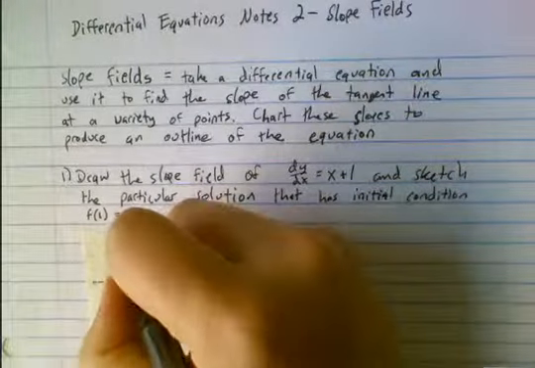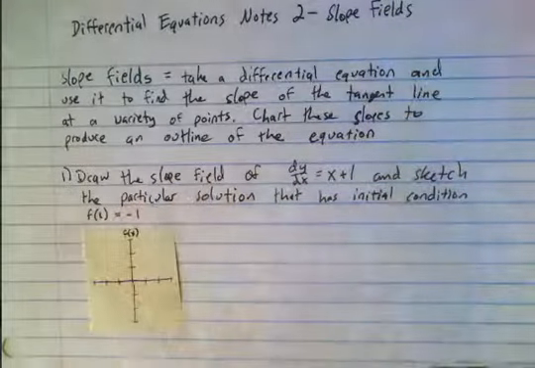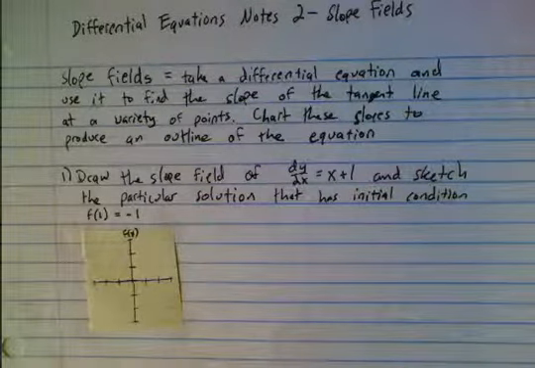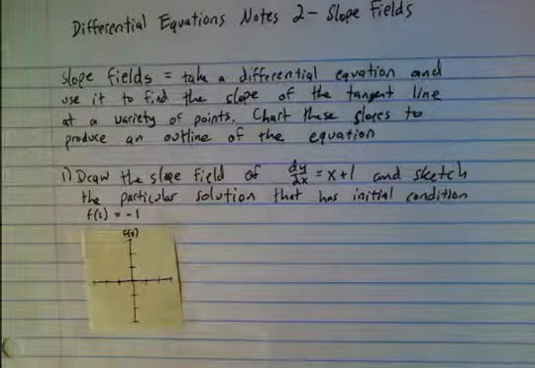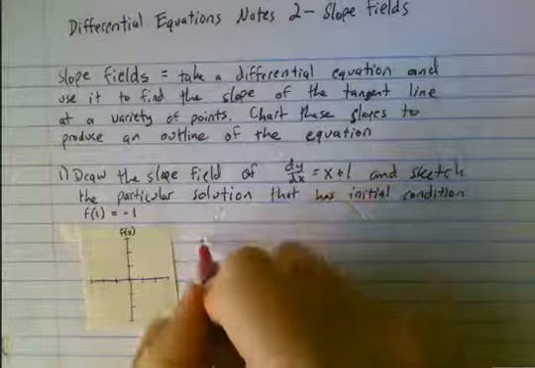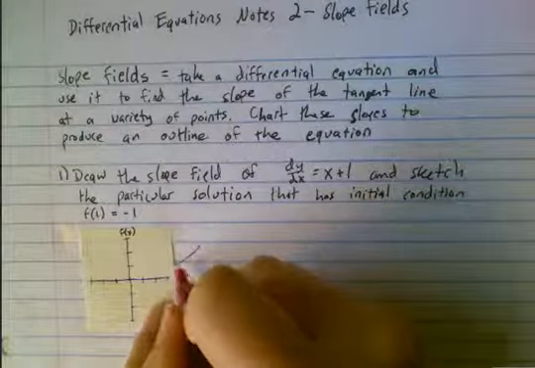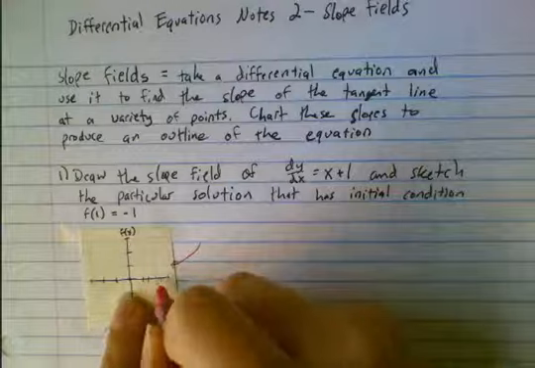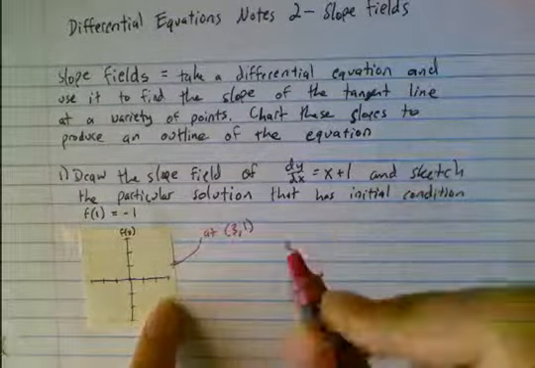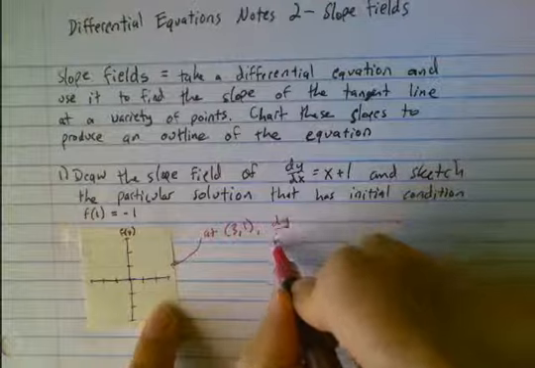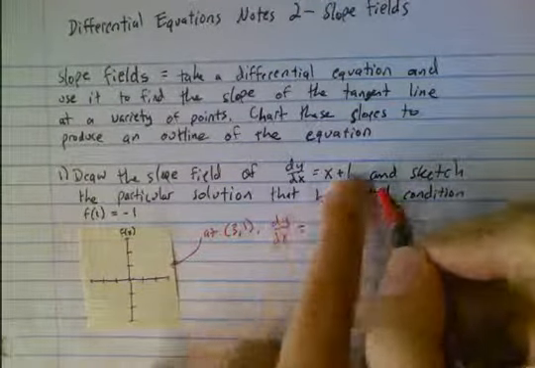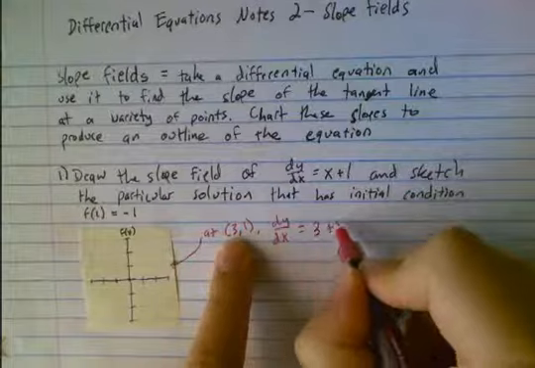So this here is a graph of f of x, but it's not really a graph of f of x. So what's going on is that, for example, at this point, this is 1, 2, 3, dy dx equals x, which is 3, plus 1.